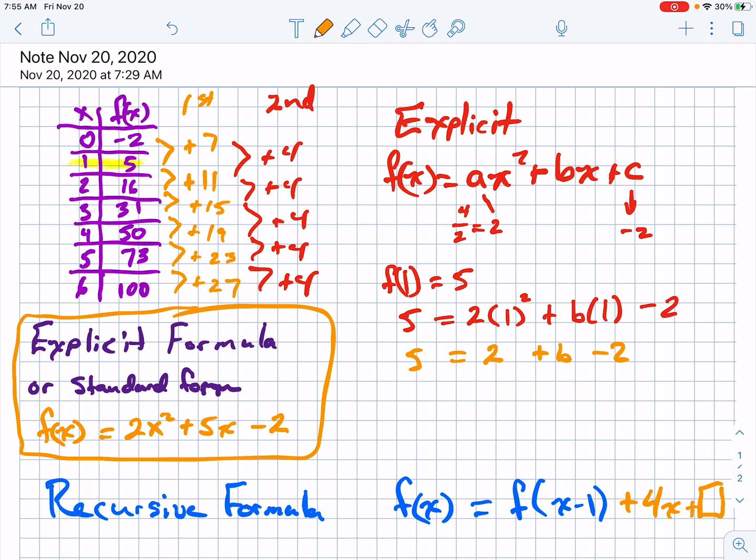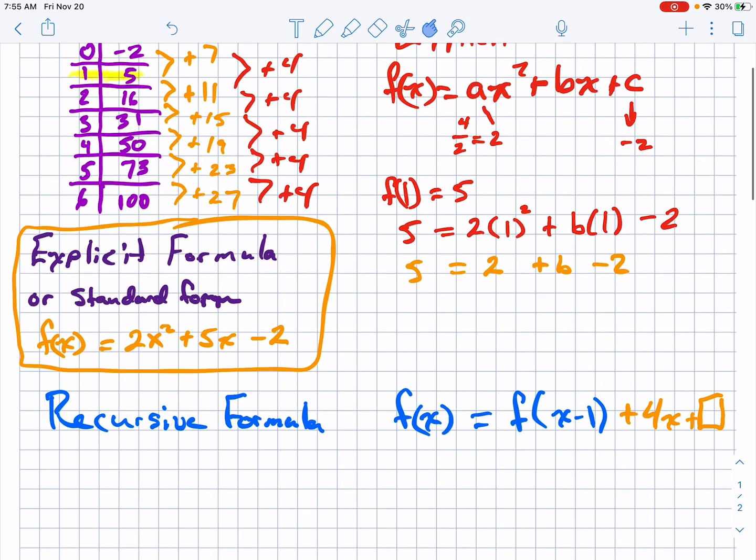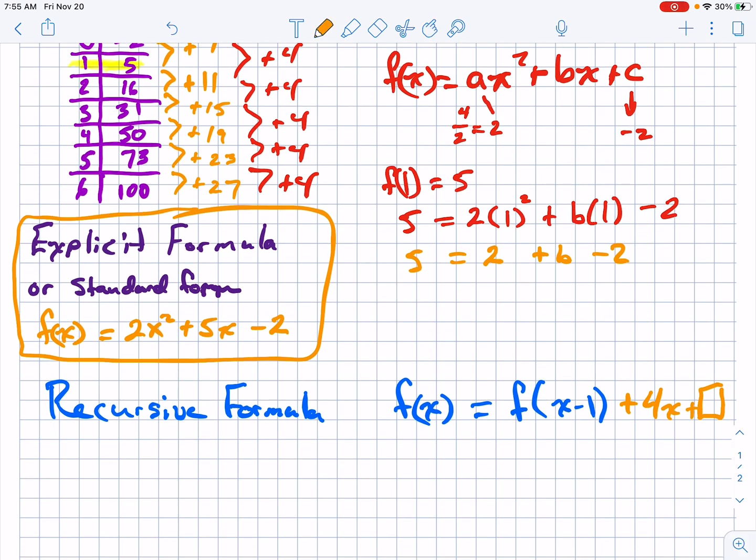There's a couple ways to do this. I usually like to just plug in a point. Maybe we'll do 2, 16. If I do f of 2, then that's going to give me f of 1 plus 4 times 2 plus something.